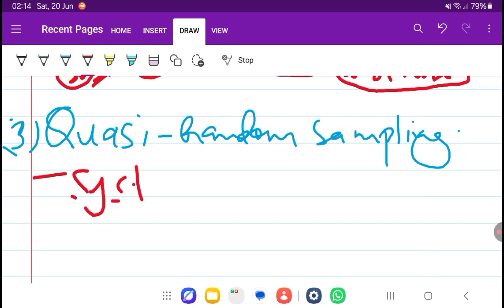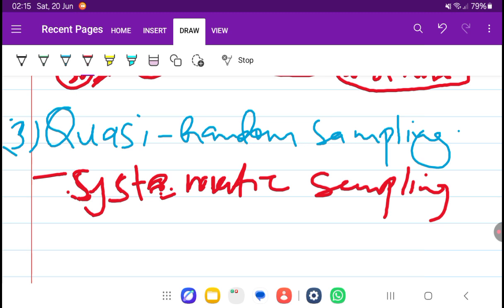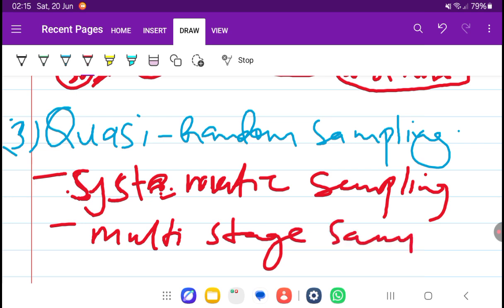We have what we call the systematic sampling, and then we have the multi-stage sampling.